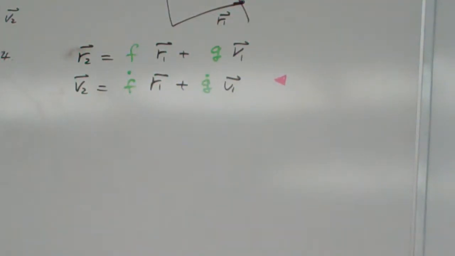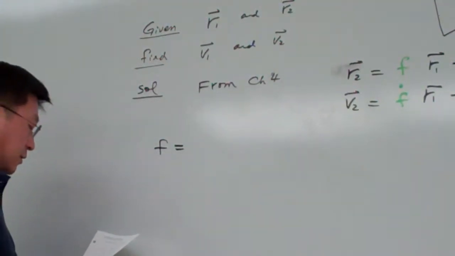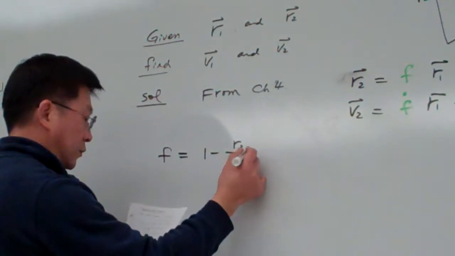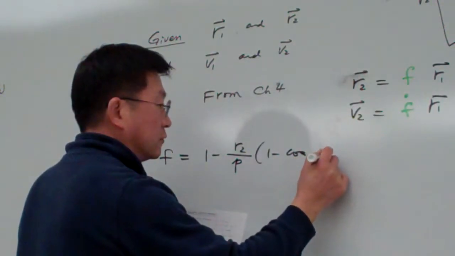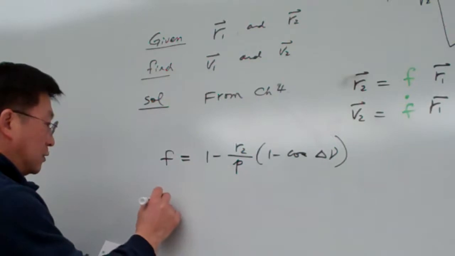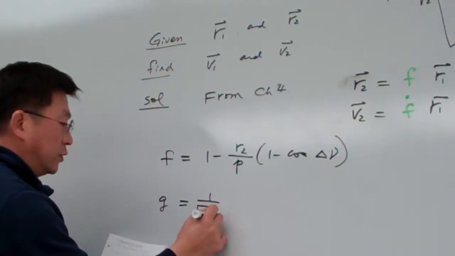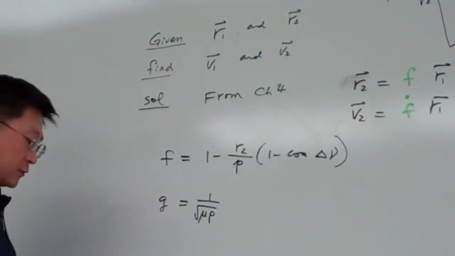Let me write out the f and g first. So f here equals 1 minus R2 divided by p, times 1 minus cosine theta nu, and g equals mu p. The reason why I want to rewrite this one is because I want to show you some relations.